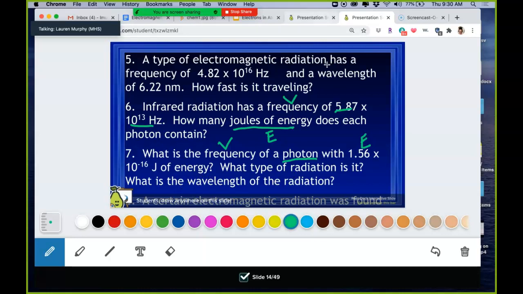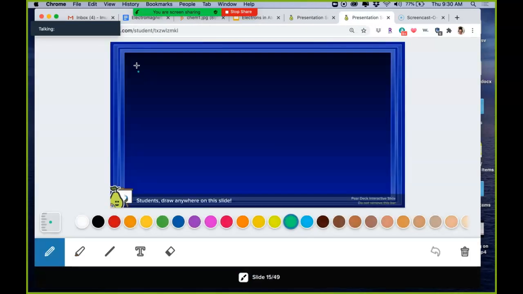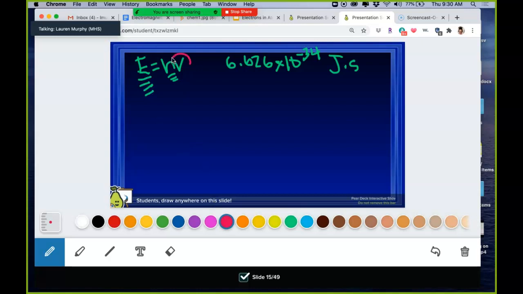Okay, so the equation that has energy and frequency is E equals hv, where we always know h. It's Planck's constant, 6.626 times 10 to the negative 34th joules times seconds. And this time I gave you E also, and you're trying to find frequency.